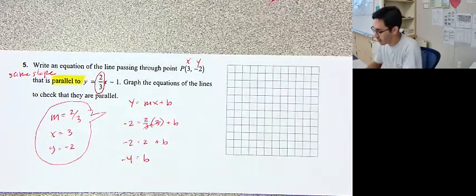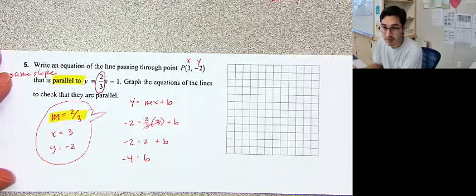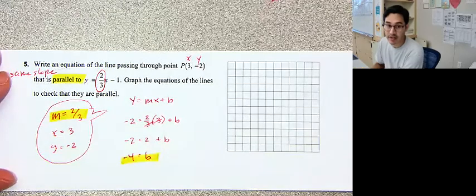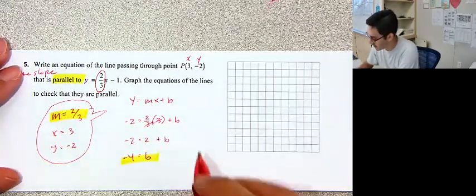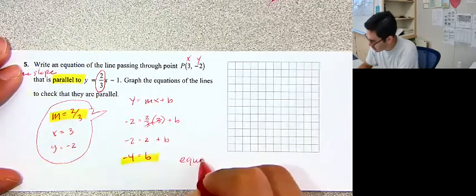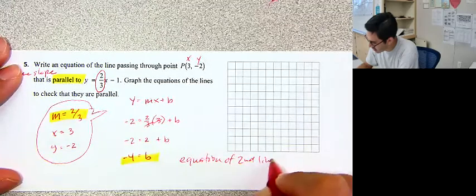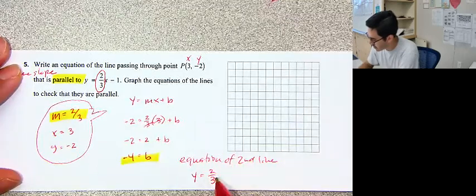The important thing here is the slope of the second line is going to be 2/3, the same as the original line, and the y-intercept of the second line is -4. So the equation of the second line is y equals mx plus b, where m is 2/3 and b is -4.